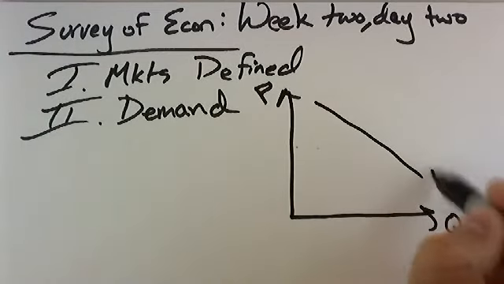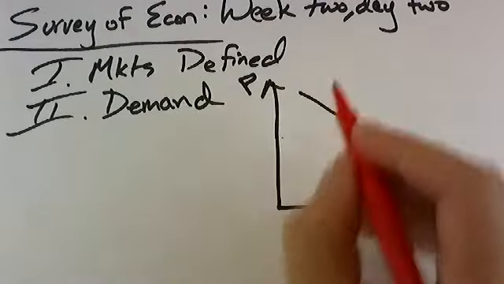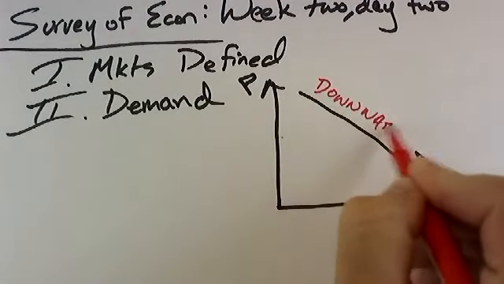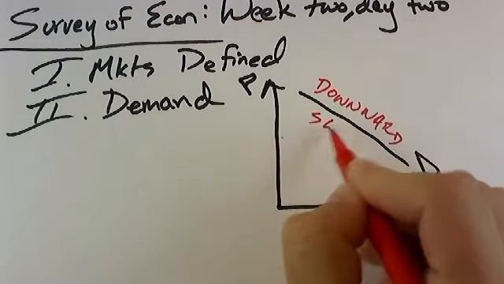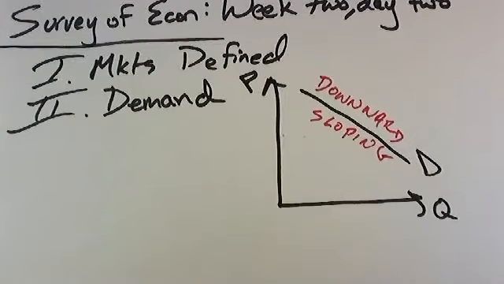We know that demand is a downward sloping curve. This is reflecting the law of demand, which says that the cheaper something is, the more of it people will consume.